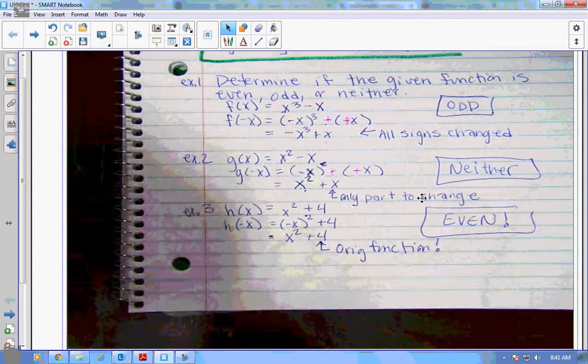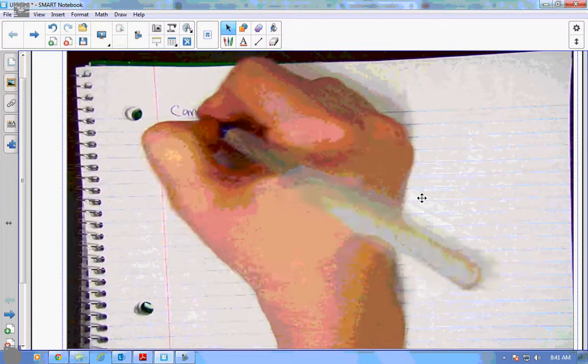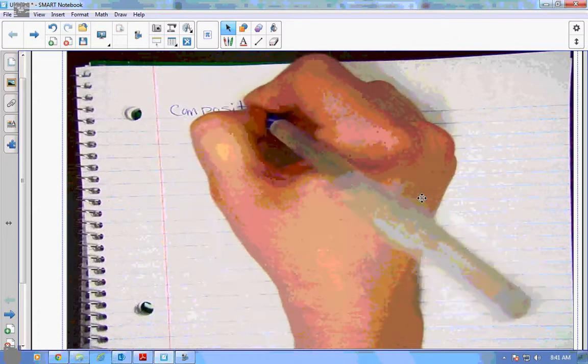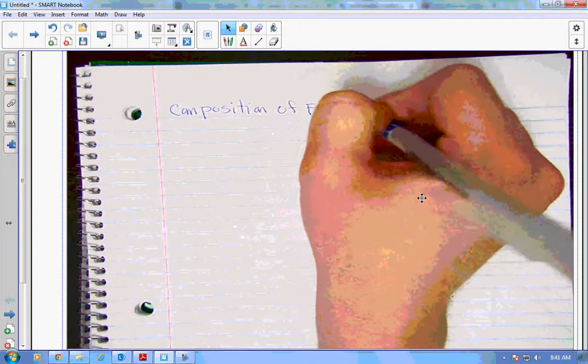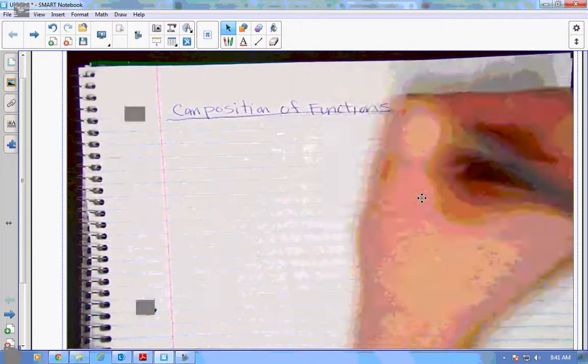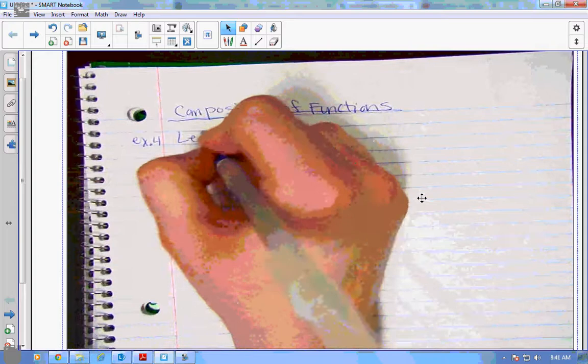Okay, let's move on to composition of functions. Example 4.